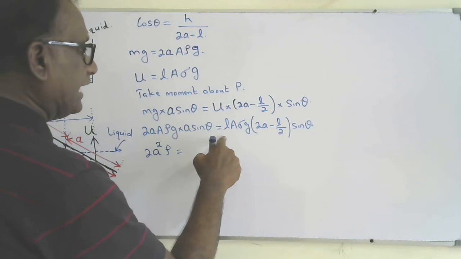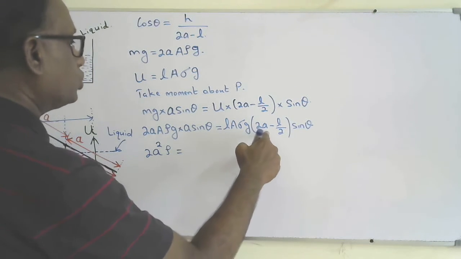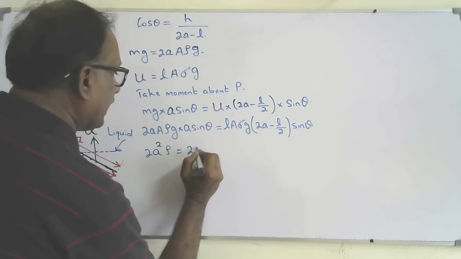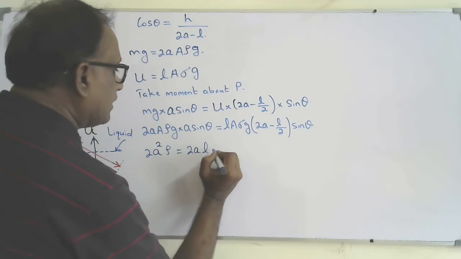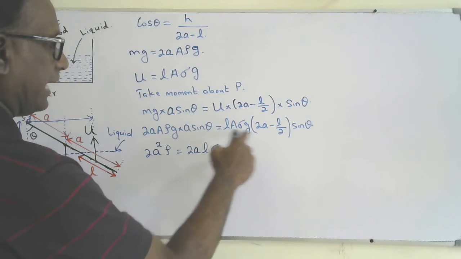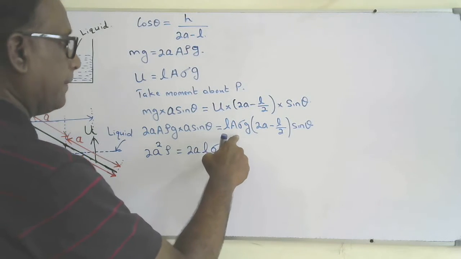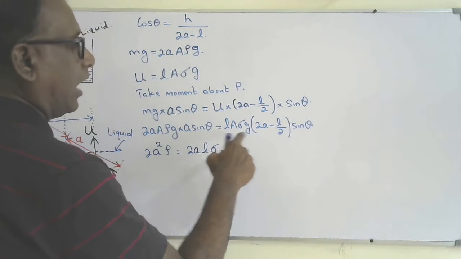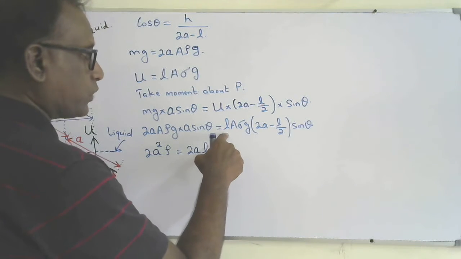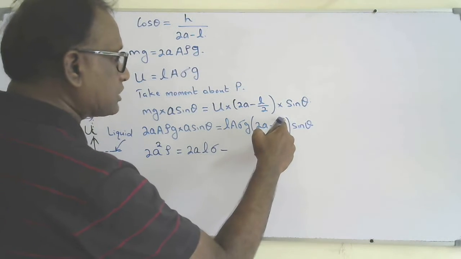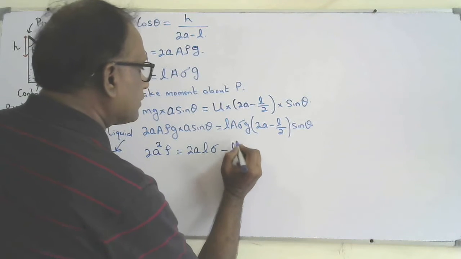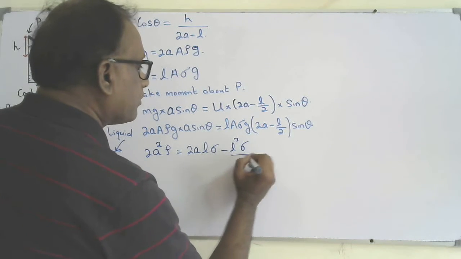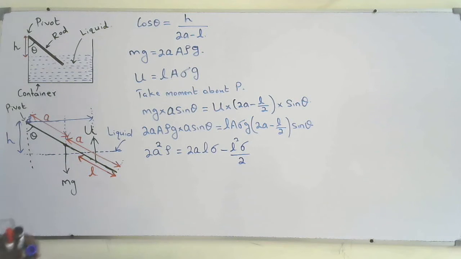So L into sigma into 2a. So 2a L sigma minus again L into L squared sigma by 2. L squared sigma by 2.